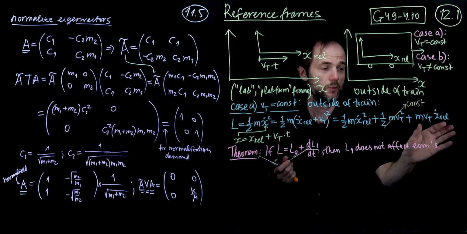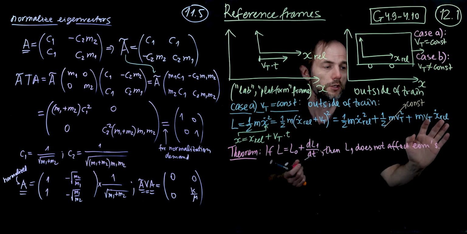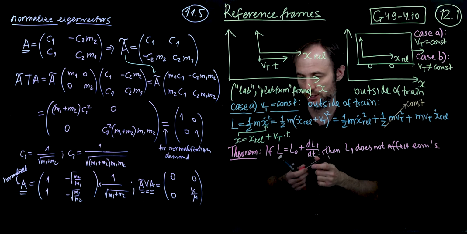That's great, because it means that we can throw this term away, because in our case of vt equal to constant, this is a full derivative of m vt times xrel. So let's try and see where this comes about.